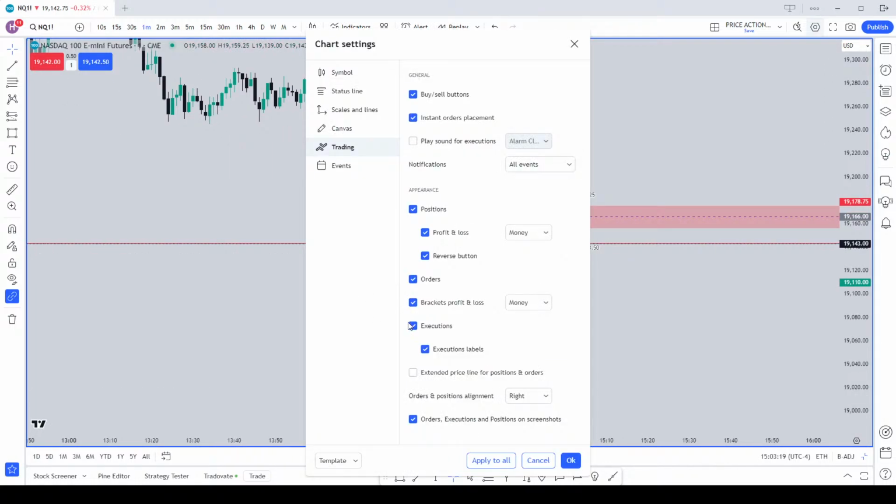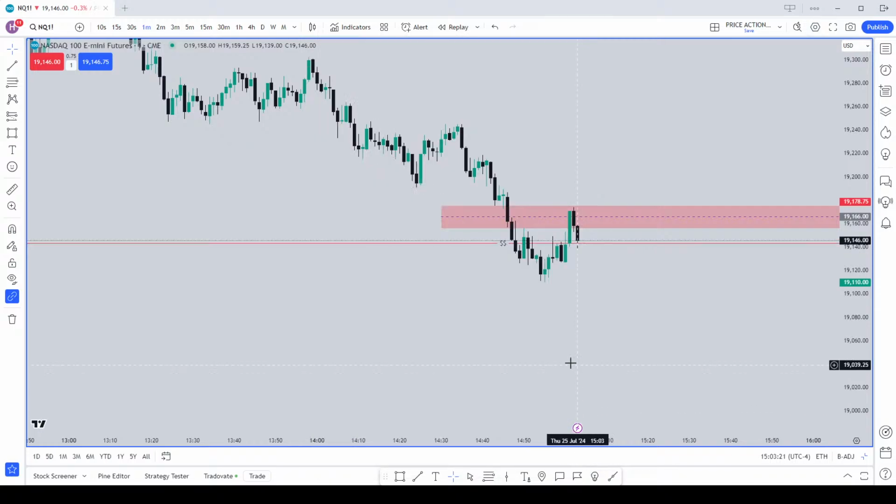Well, the market is just consolidating a little bit, which is kind of something that I don't want to be a part of. Oh wow, look at that.